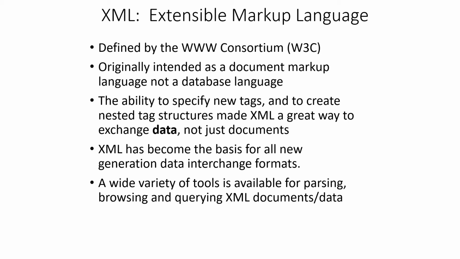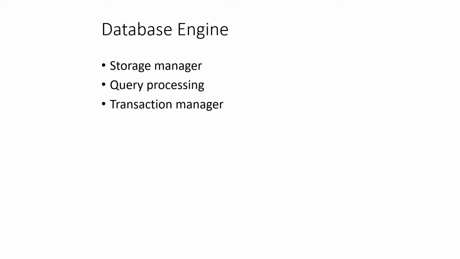The ability to specify new tags and to create nested tag structures made XML a great way to exchange data, not just documents. So XML is very good for exchanging data. XML has become the basis for all the new generation data interchange formats. A wide variety of tools is available for parsing, browsing and querying XML documents or data. Database engine.